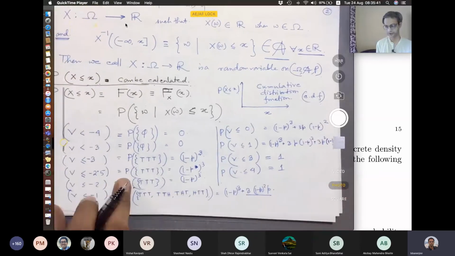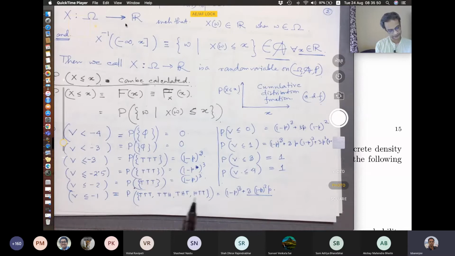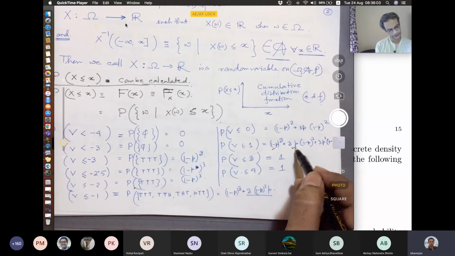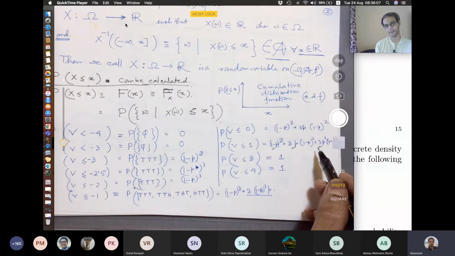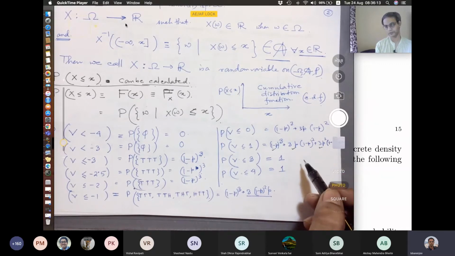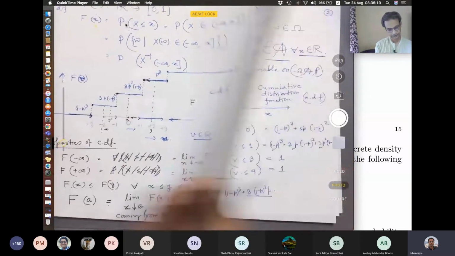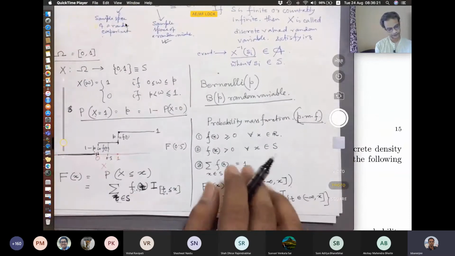This is the way we defined it. We went back to all these elements so that we can consider them as an event. But now we know the probability mass function, so these probabilities you can compute through the probability mass function. These are the contributions you have got from the probability mass function, and their summation has happened. So already we have done the groundwork, so that today when we are defining the general definition, it should be much more clear to you.